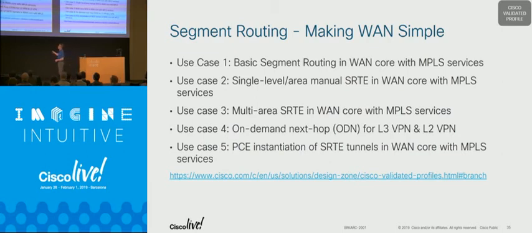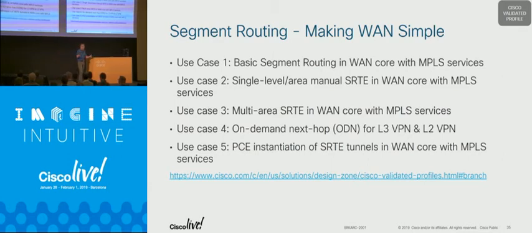Okay? So we won't have time to walk through each of those use cases, but they're available on cisco.com. Also in the reference section, I have my own segment routing breakout session, so you can also watch that recording and the presentation for segment routing as well. I have one breakout session for segment routing use cases for the enterprise.